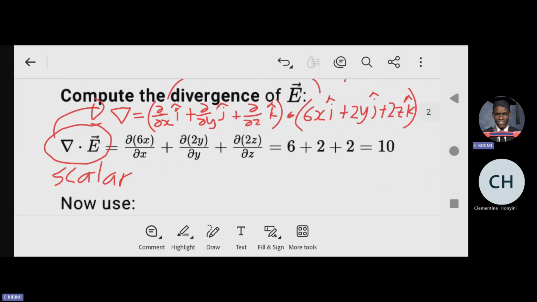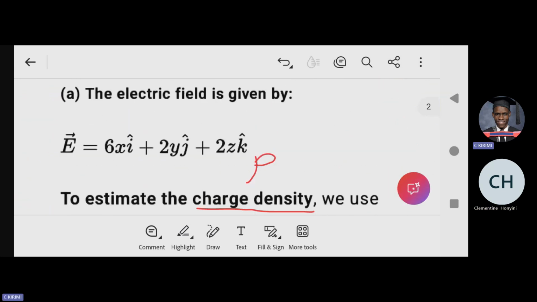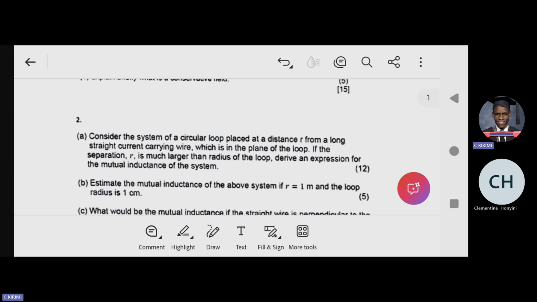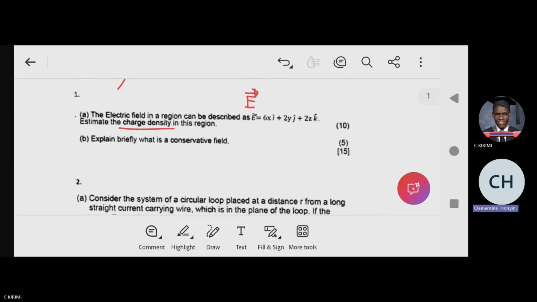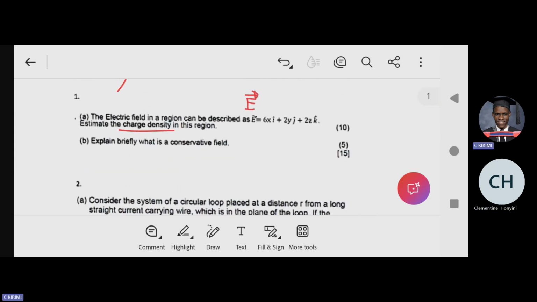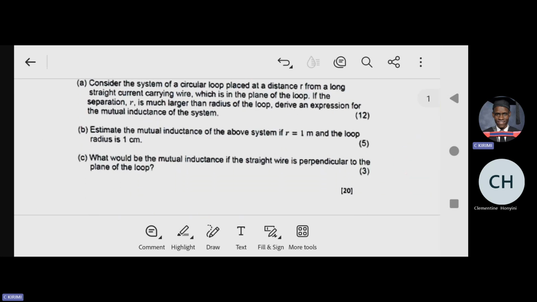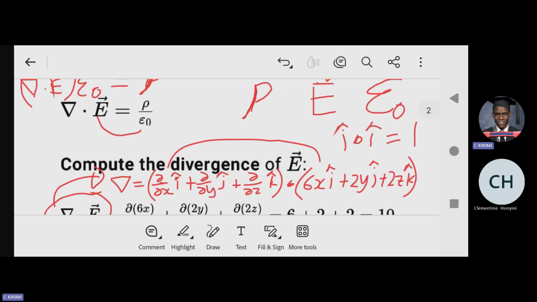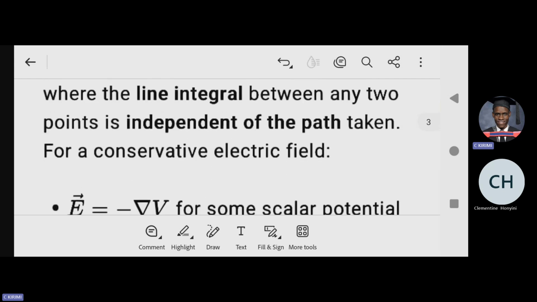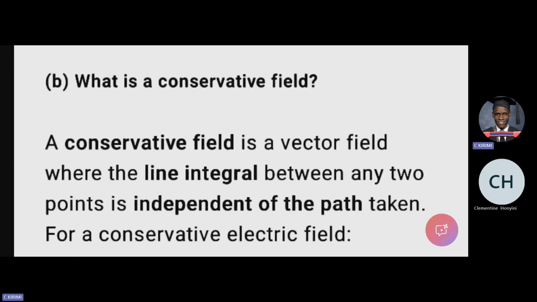So that was the first part. Now we are going to the second part, which is: what is a conservative field? This is the theoretical part, and previously we were referring to a conservative force. This is just a theoretical question which needs you to revise your theory in terms of conservation.